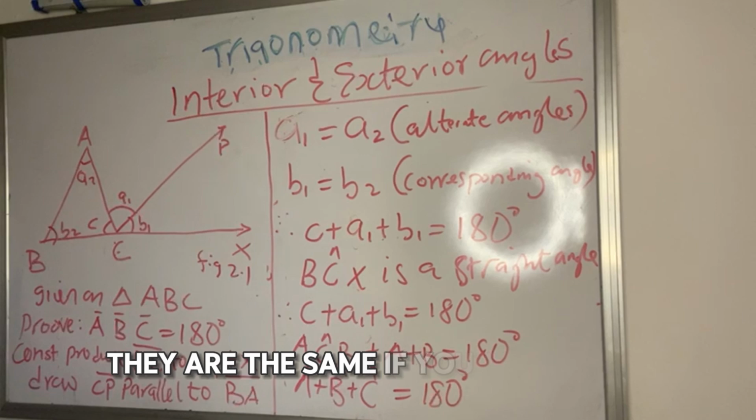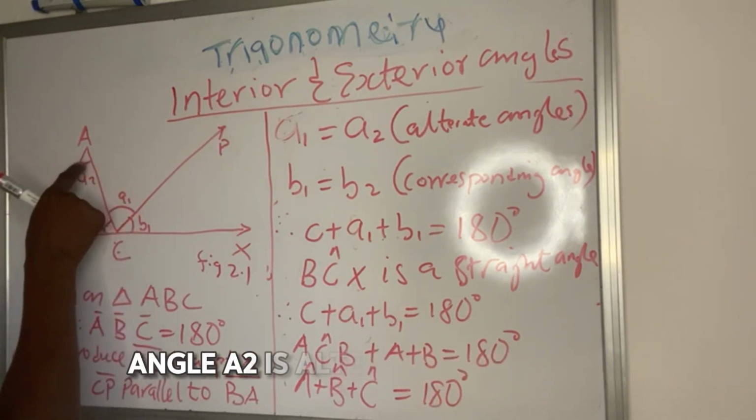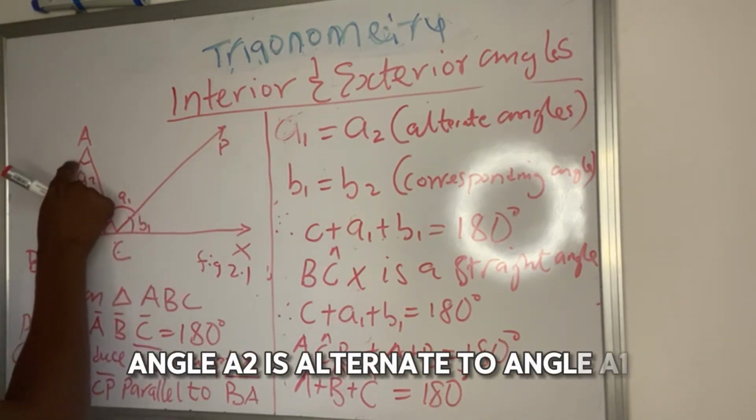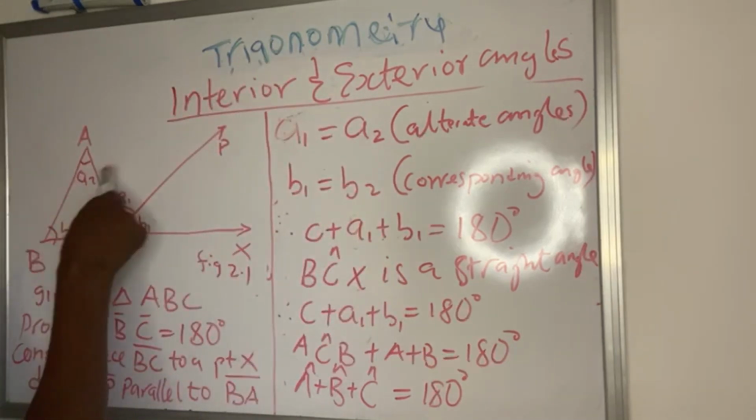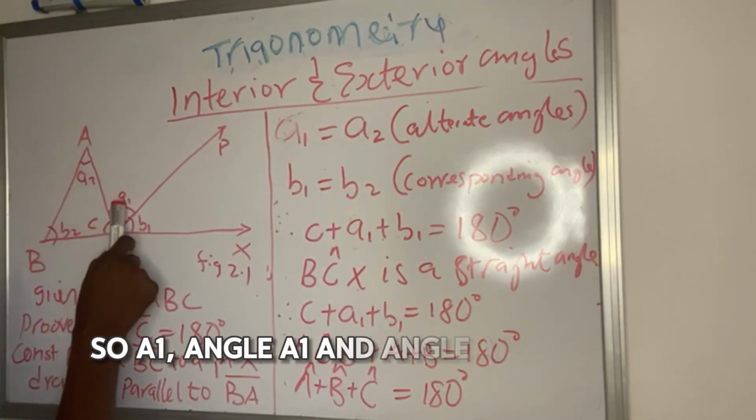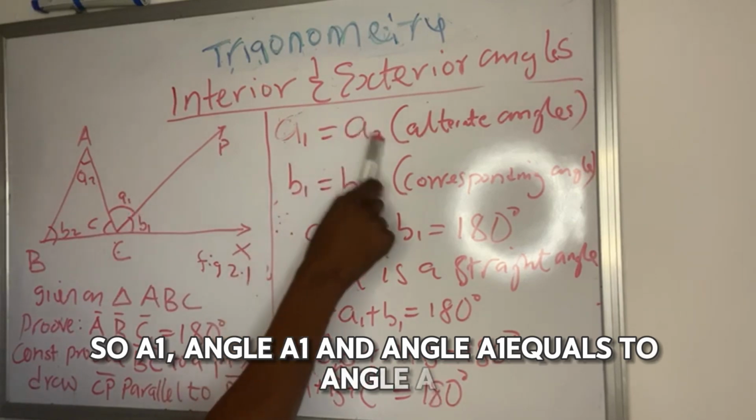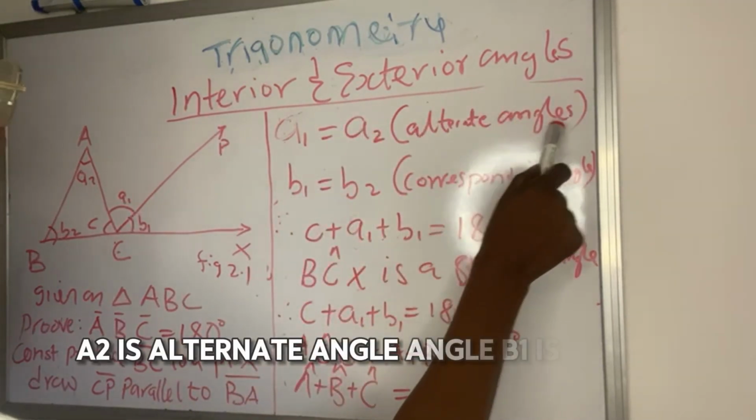They are the same. This angle A2 is alternate to angle A1. Alternate is opposite.